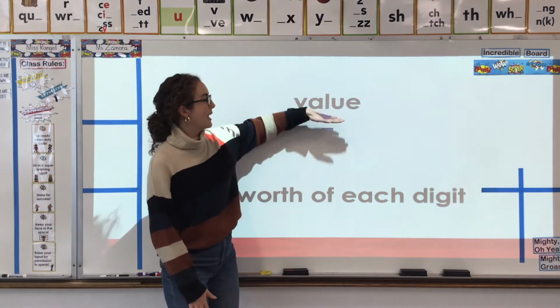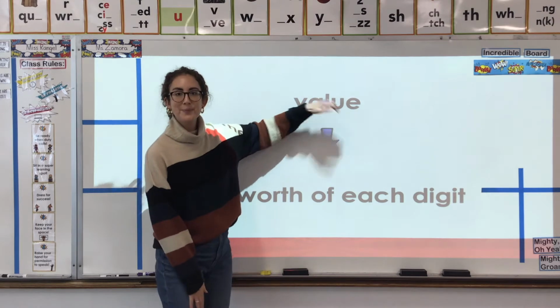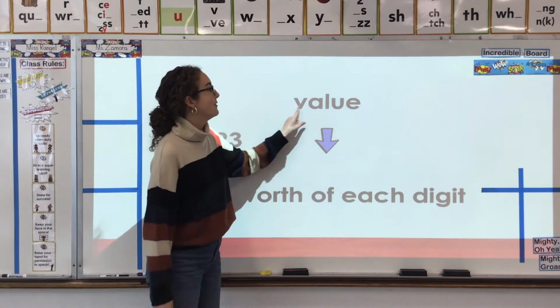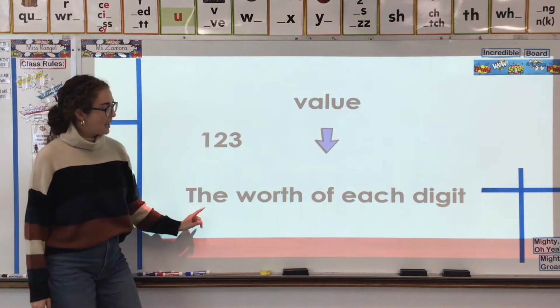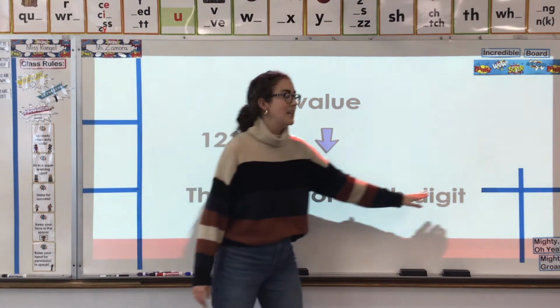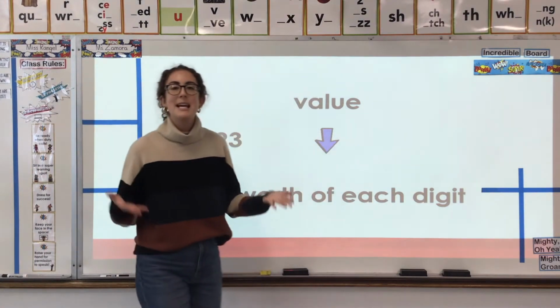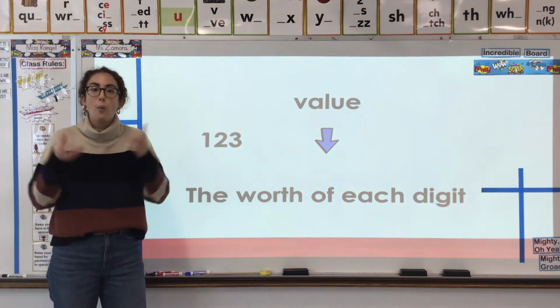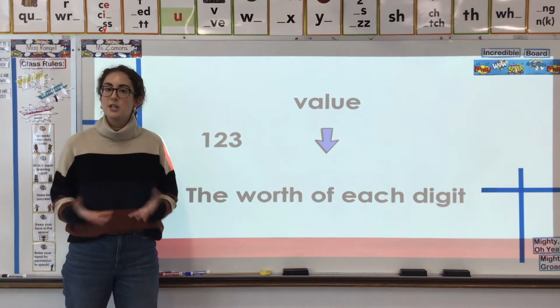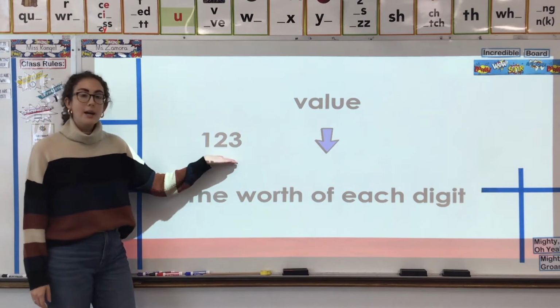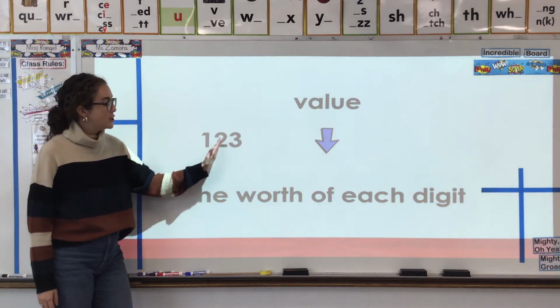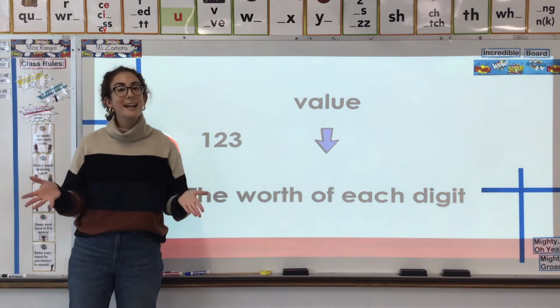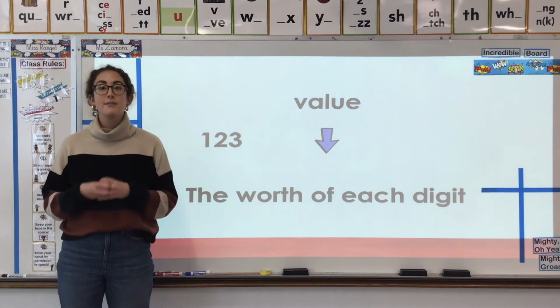Up next is, can you read it? Value. Value is the worth of each digit. How much is each digit worth? What value does each digit hold? So in our number 123, we have the digits 1, 2, and 3. But each digit holds different value.